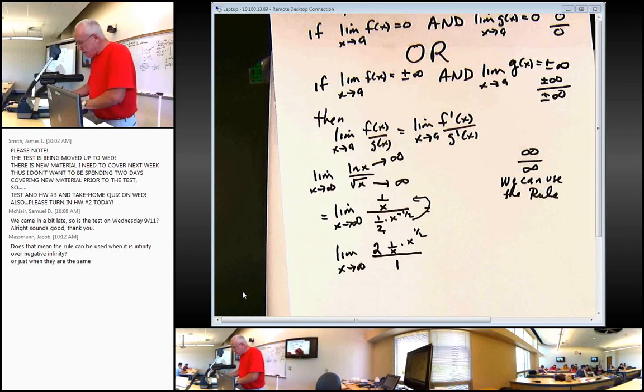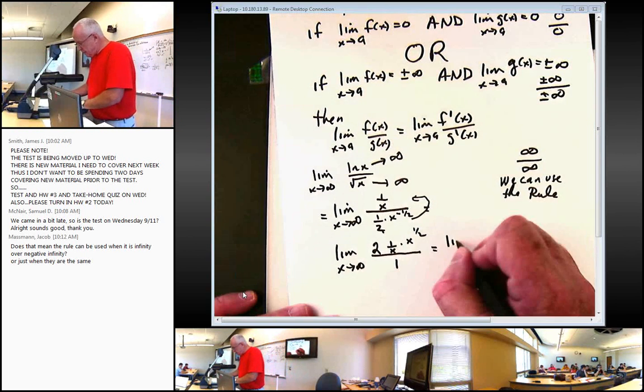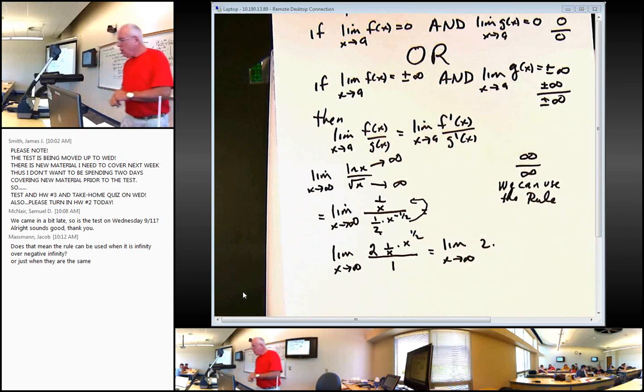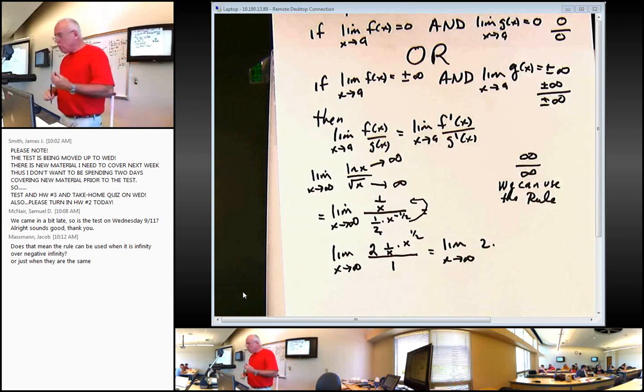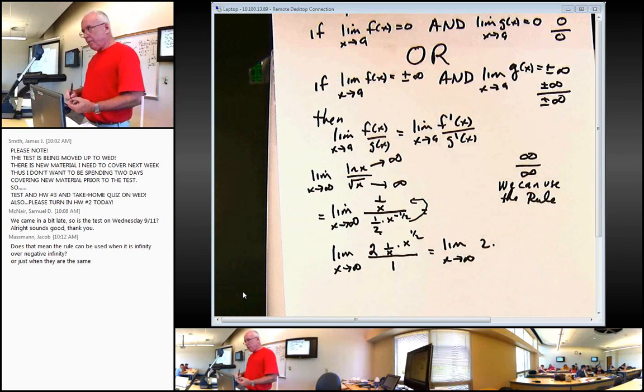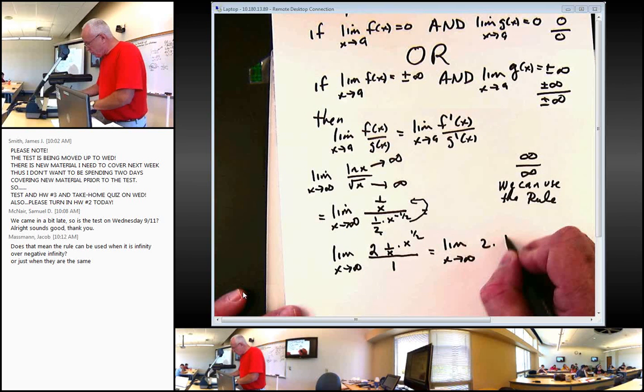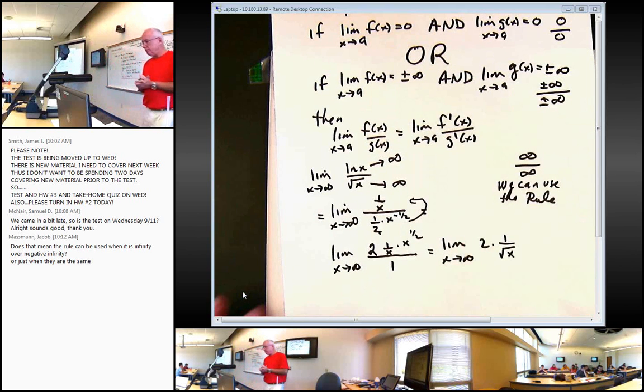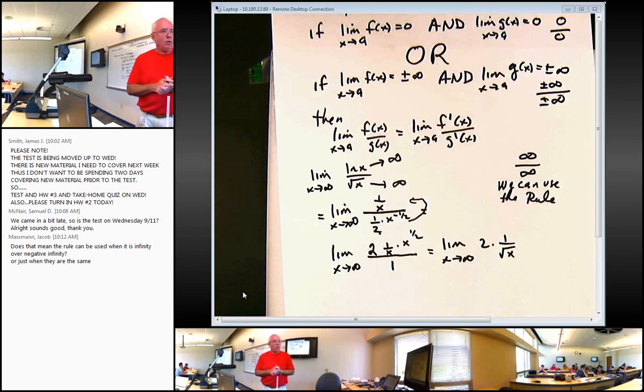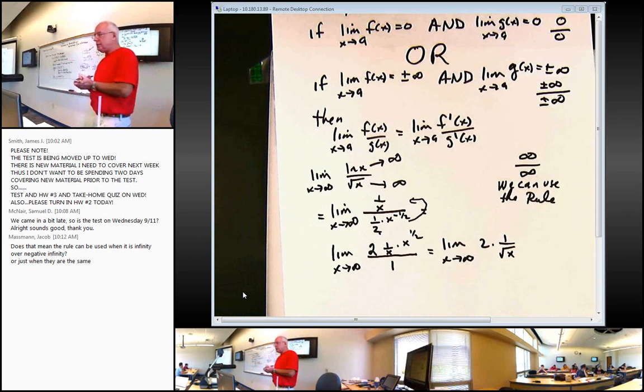Well, what does this come out to be? Well, let's look at this. Limit as x approaches infinity of 2 times, okay, we have 1 over x times the square root of x. So that combines or simplifies to 1 over the square root of x. All right, now we look at, well, what is this limit?